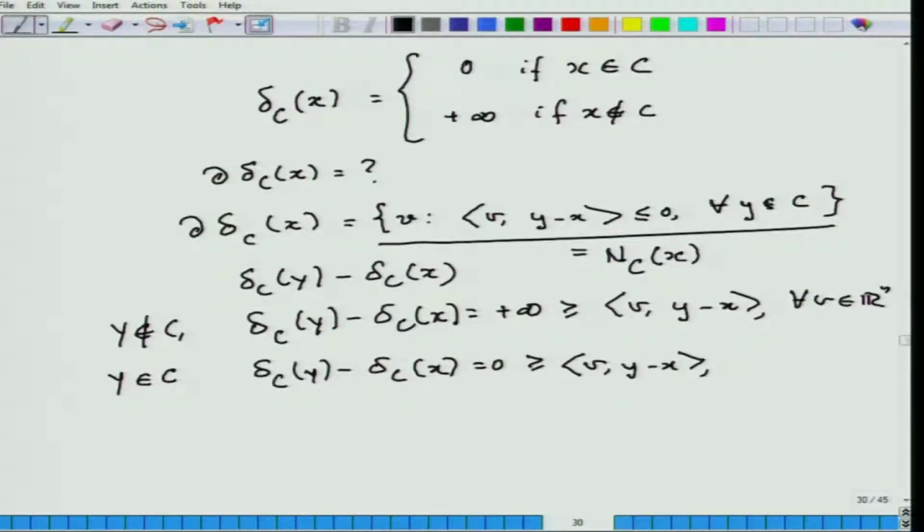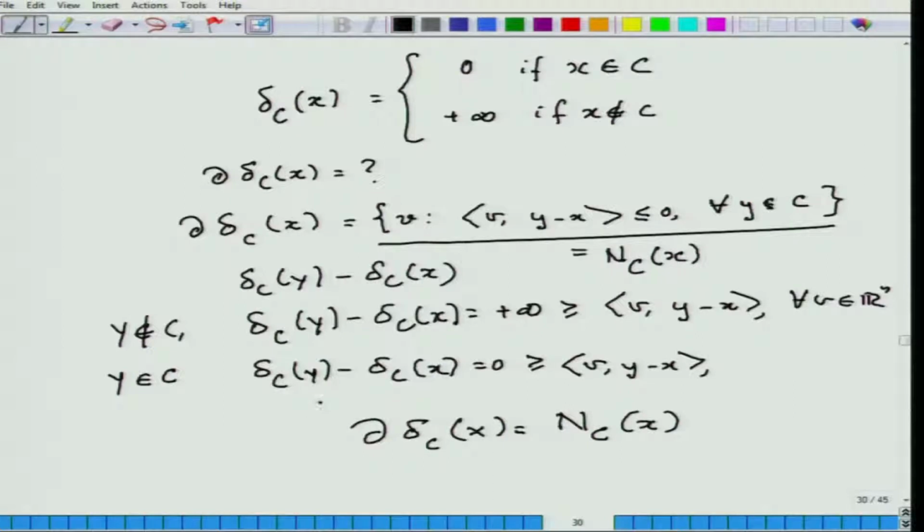we will do something else. We will try to write down some optimality conditions. We will not bother much about the geometry at this moment; it will come later on, and it is a flourishing geometry which has a lot of interesting things. So, the subdifferential of the indicator function is the normal cone to C at x.